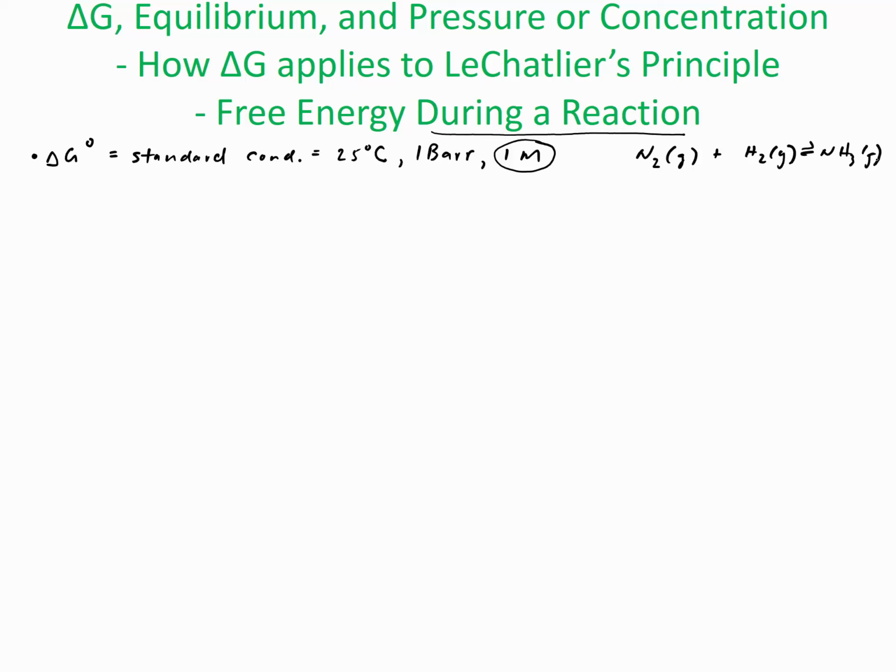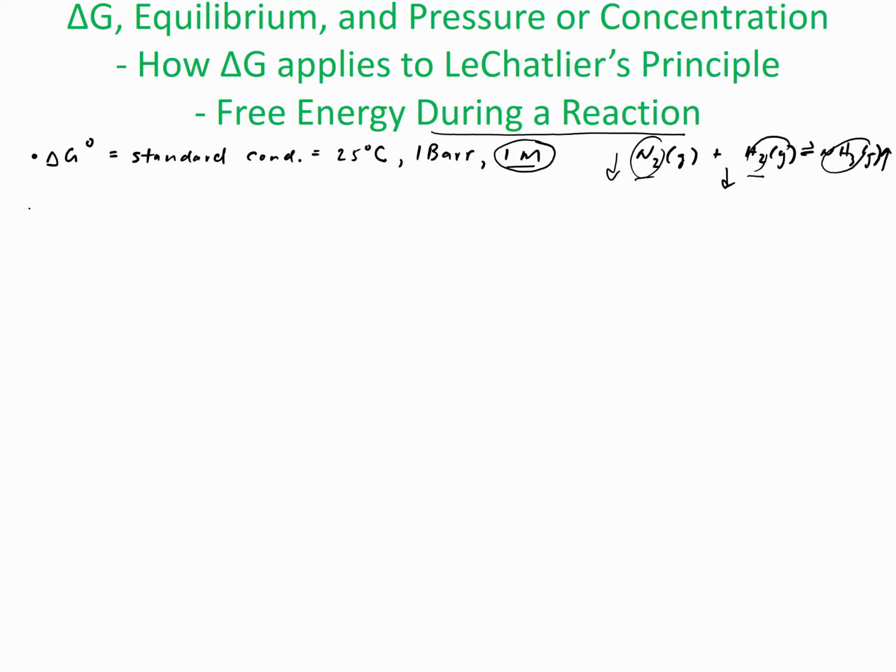Over time, if you start off with 1 molar of everything, or 1 atm, the reactant amounts are going to go down and the product amount is going to go up. So right away they're not going to be 1 molar anymore. This reaction will proceed until you reach a certain point.